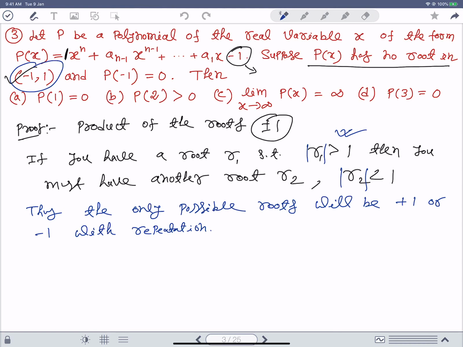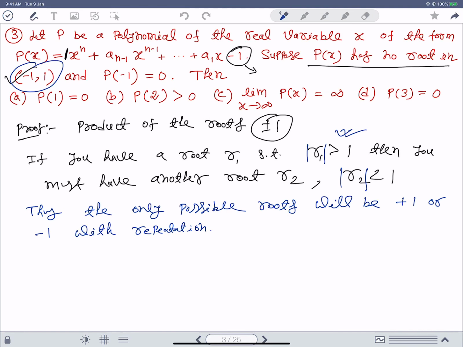That means you need another root which lies between minus 1 and 1, so that the product will be equal to minus 1 or 1. Now it is given that P has no root between minus 1 and 1. Therefore you cannot have any root such that the modulus value is bigger than 1.